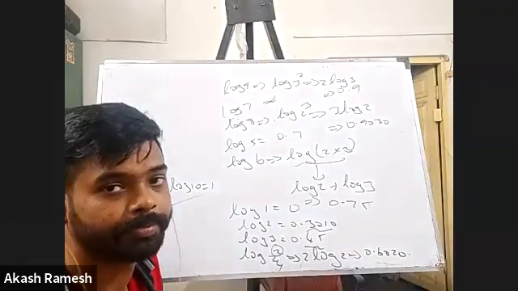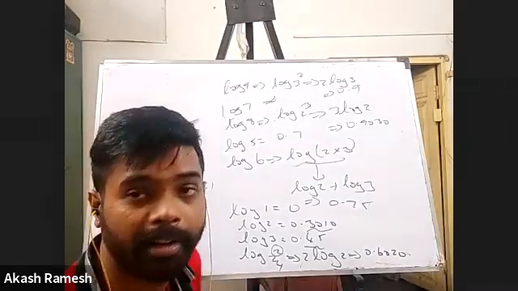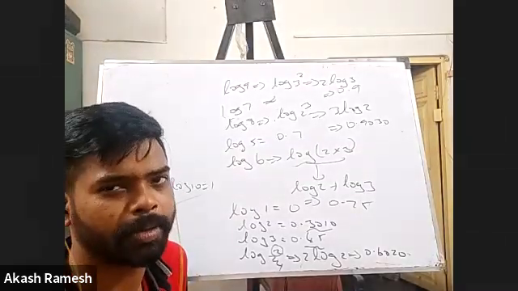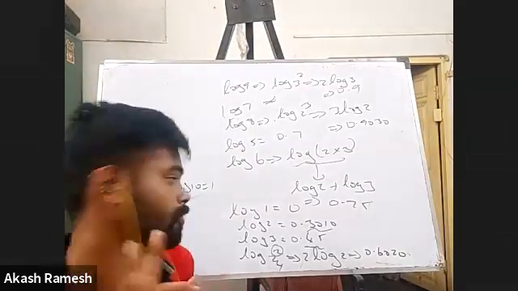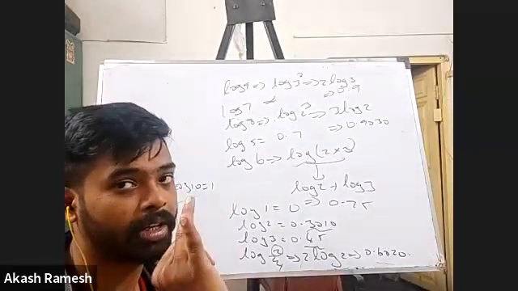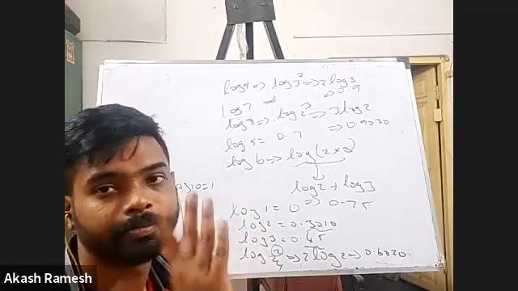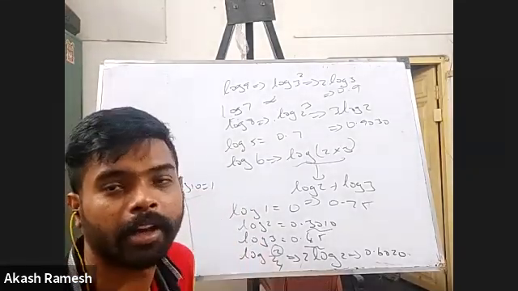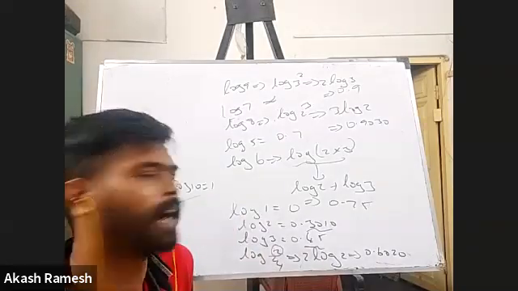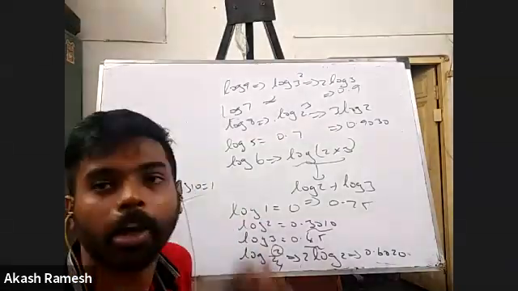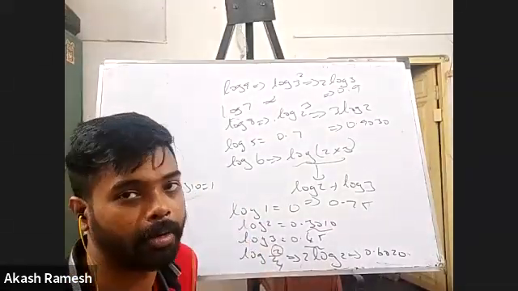That's it. So you have to remember only log 2, log 3, log 5, and log 7. If you can remember this, all the other things are going to be easy. At least log 2 and log 3, if you remember, you will be able to answer most of the things.